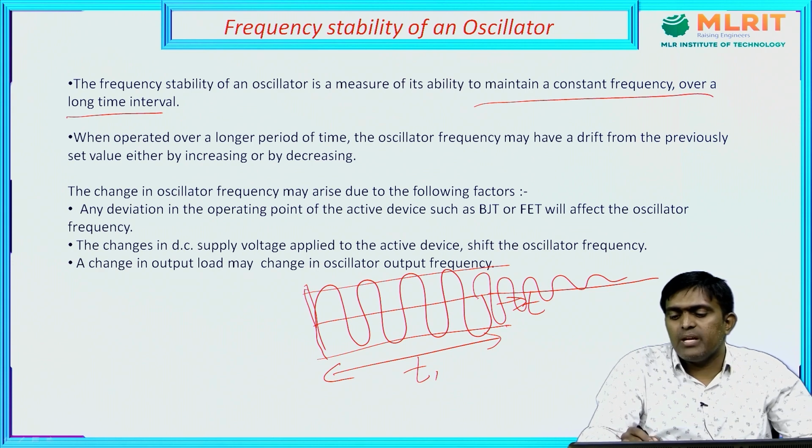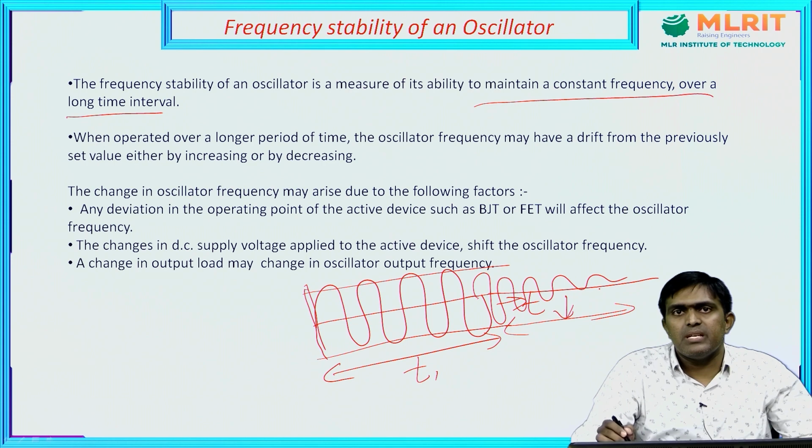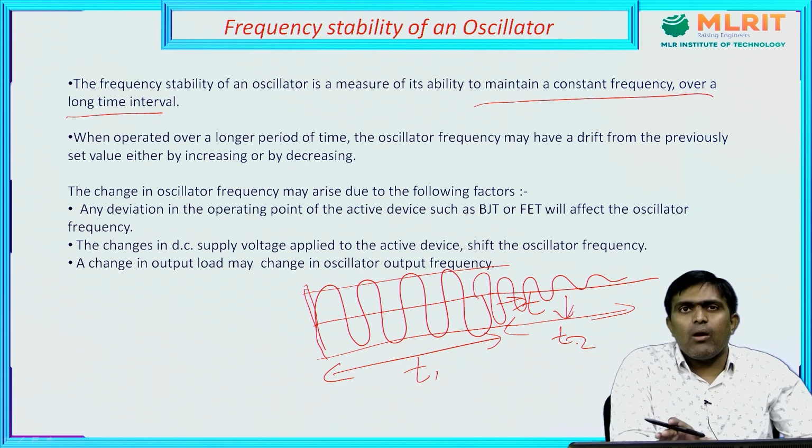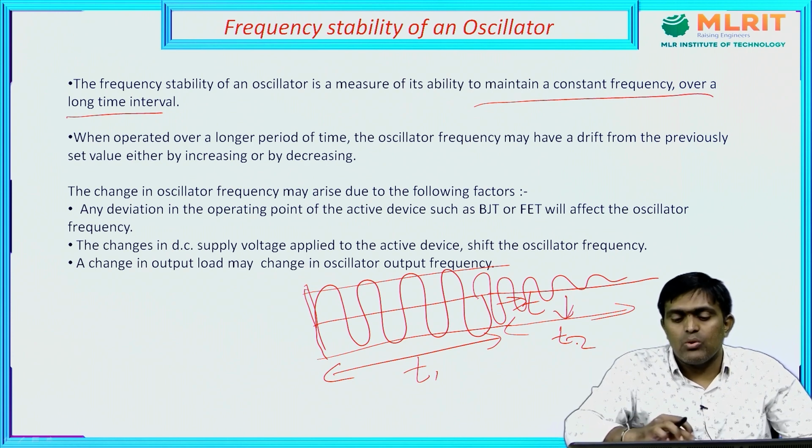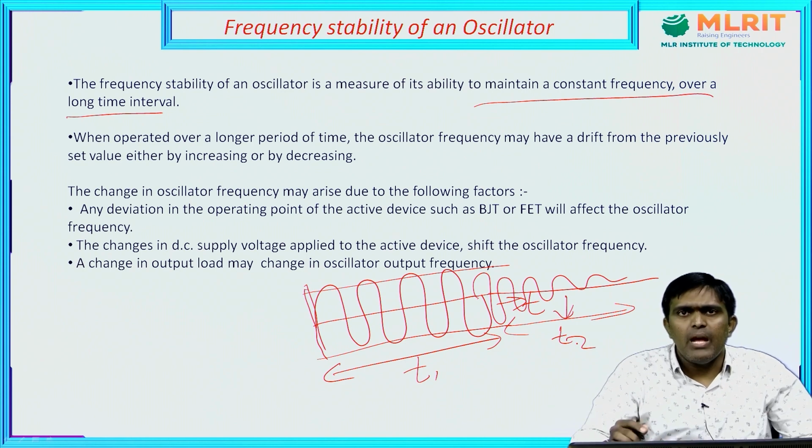After that, we see the frequency of the signal going on decreasing in the time interval t2. So we want to maintain a constant frequency throughout this interval. Otherwise the signal strength may decrease.